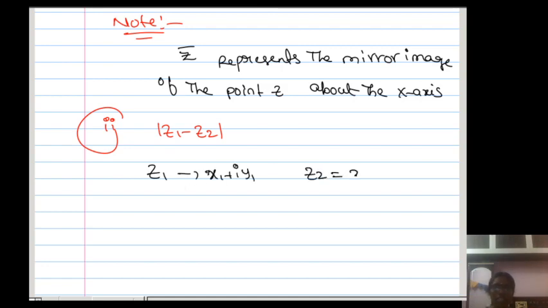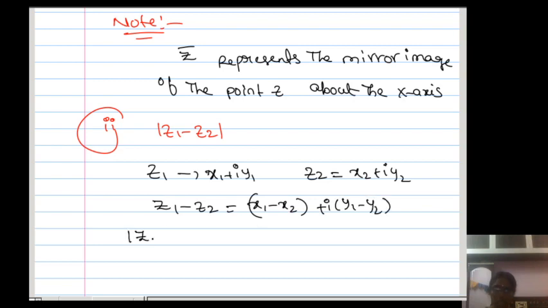Z2 is represented as x2 plus i y2. Then Z1 minus Z2 represents x1 minus x2 plus i times y1 minus y2. If I take mod of Z1 minus Z2, it is mod of x1 minus x2 plus i times y1 minus y2.